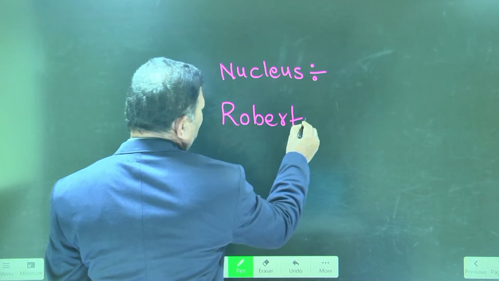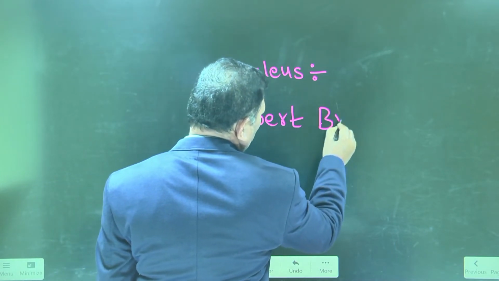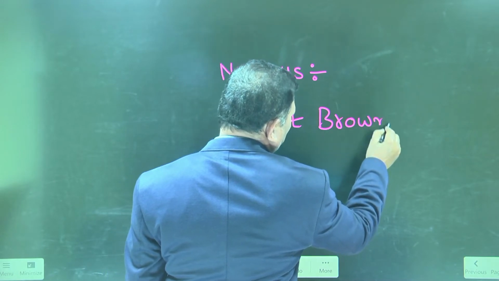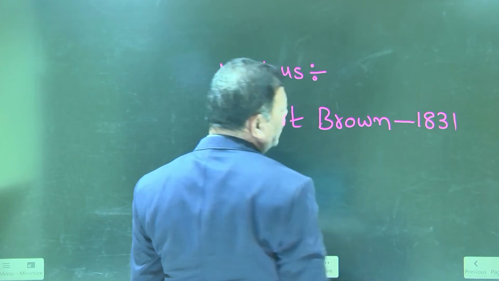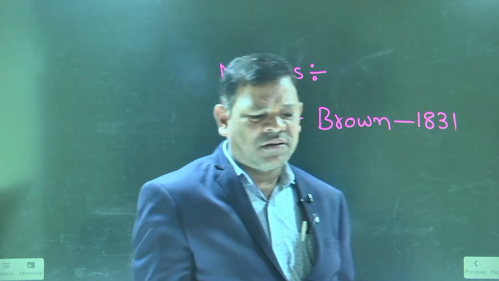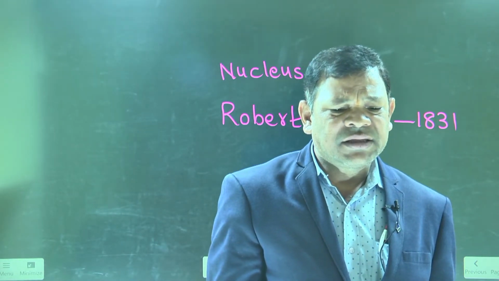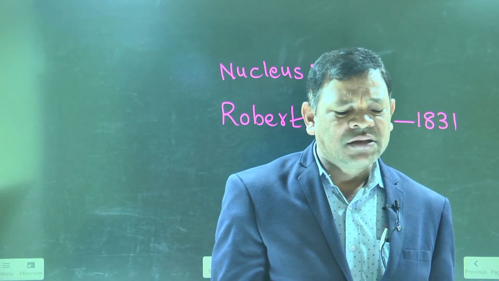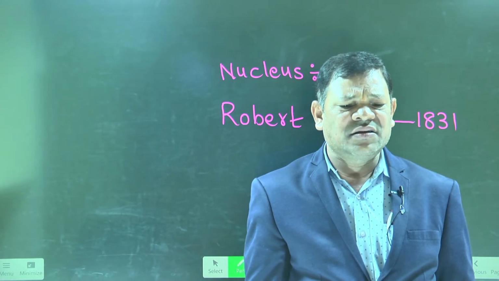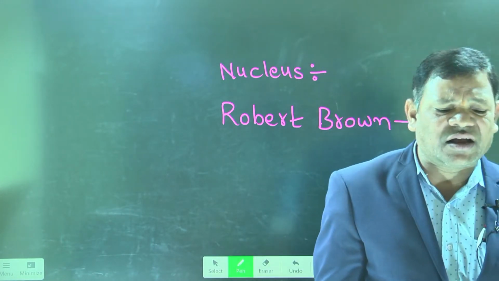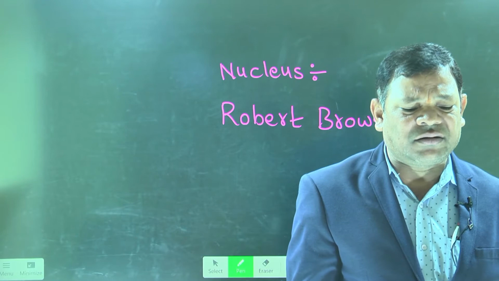Which year? 1831. The cell was discovered by Robert Hooke in 1665. The nucleus was discovered by Robert Brown in 1831.